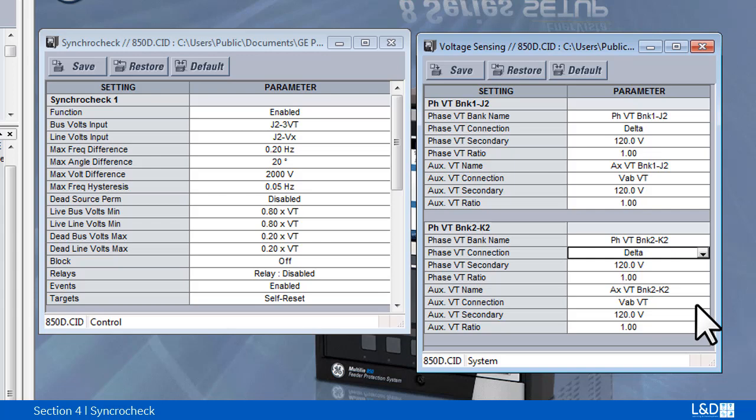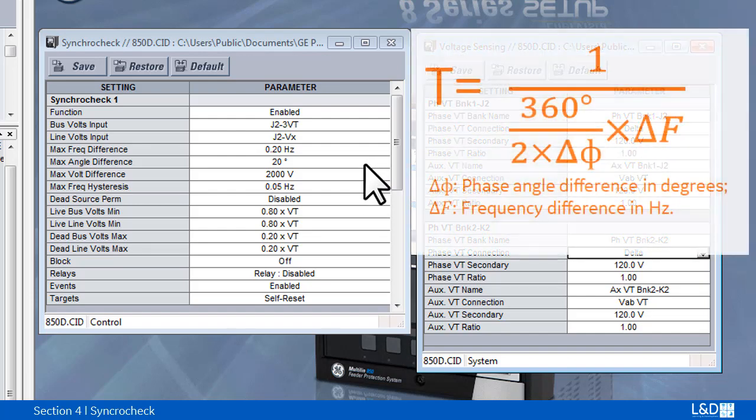Synchrocheck verifies that the voltage of the bus and line on the two sides of the supervised circuit breaker are within the set limit of magnitude, angle, and frequency difference. The time during which the two voltages remain within the admissible angle difference is determined by the setting of the phase angle difference delta phi and the frequency difference slip frequency delta f.